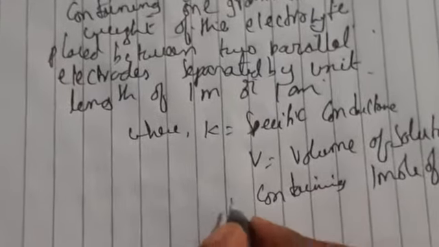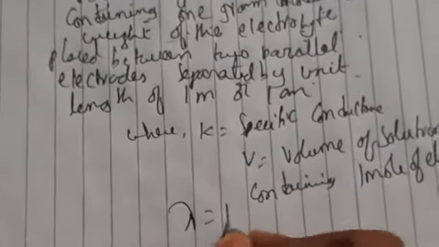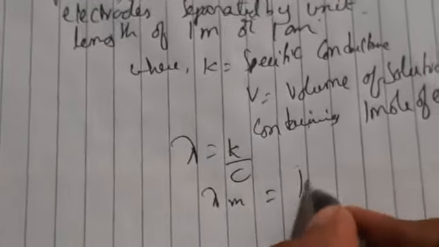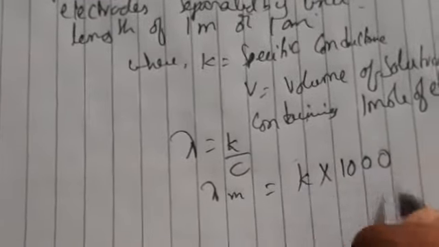So lambda can be written as K by C, concentration. Automatically, lambda m is equal to K into 1000 by molarity. Concentration can be calculated in molars, where m indicates molarity.